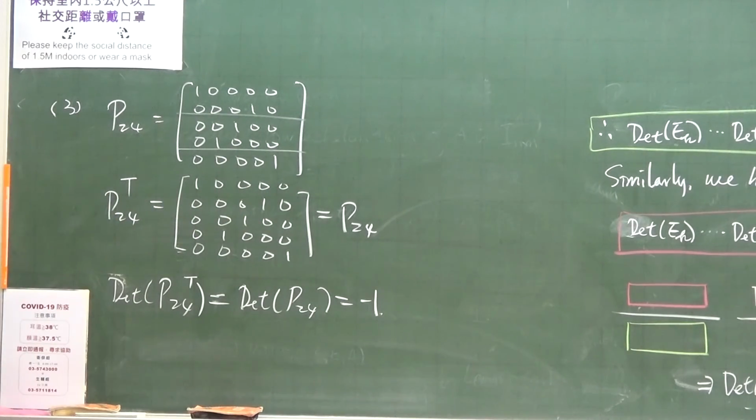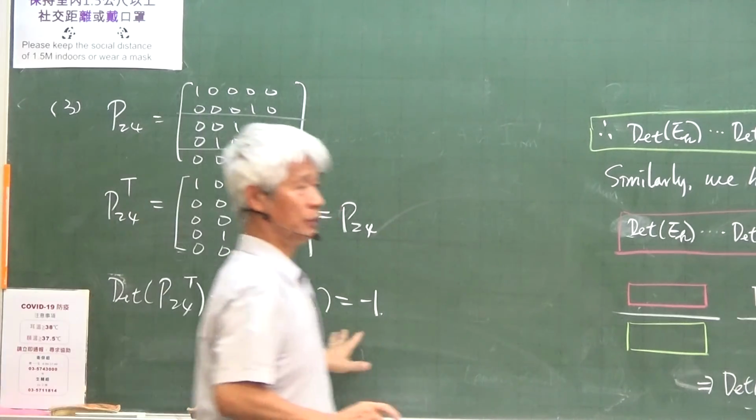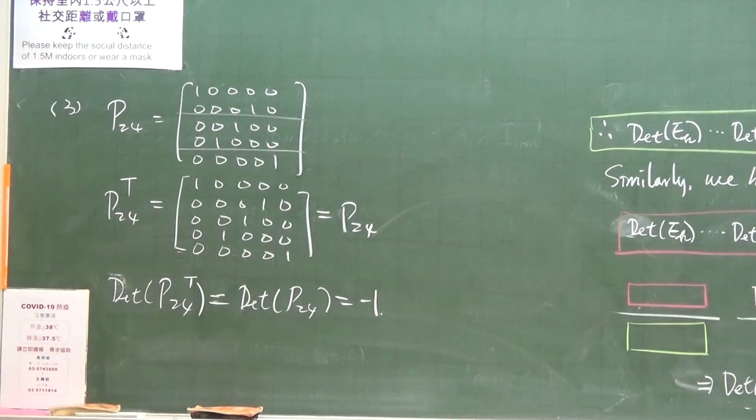So these three special types of matrices will not change the value if you take their transpose. That is the explanation.